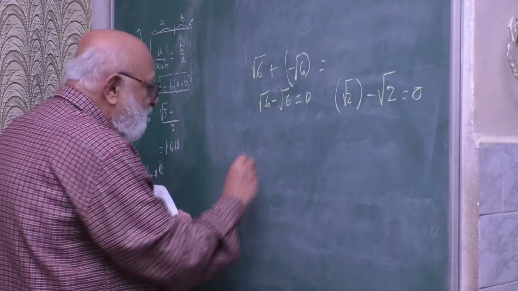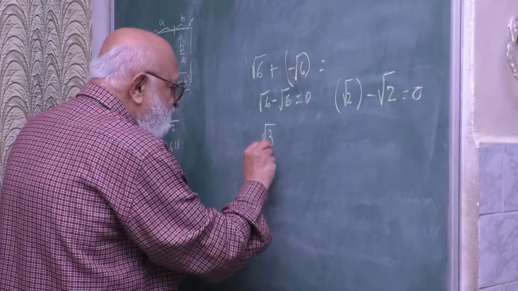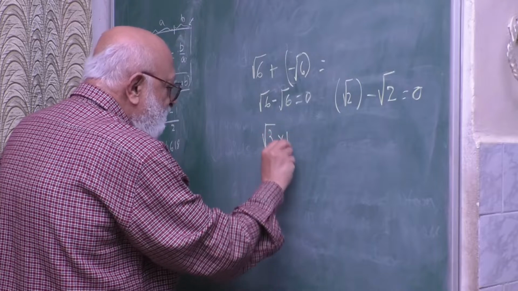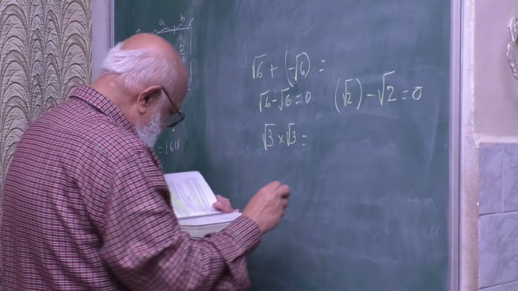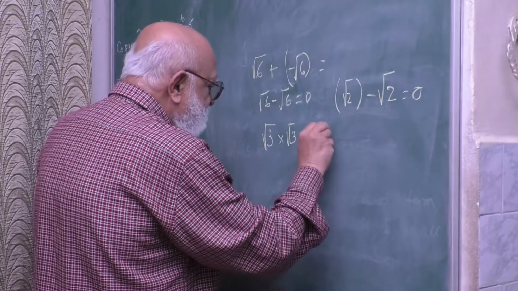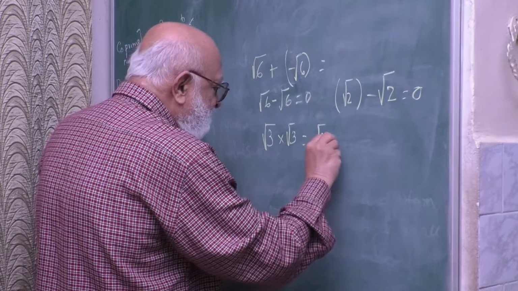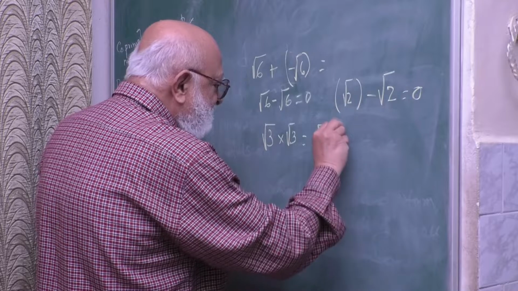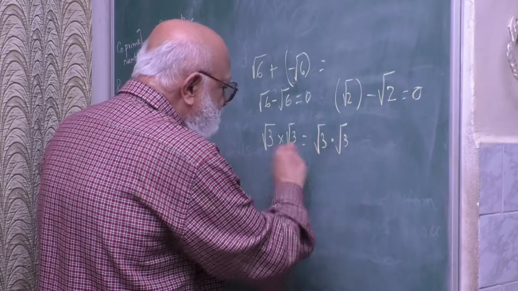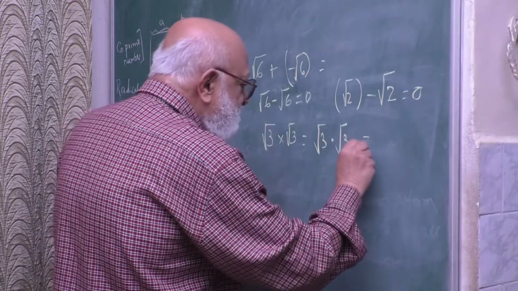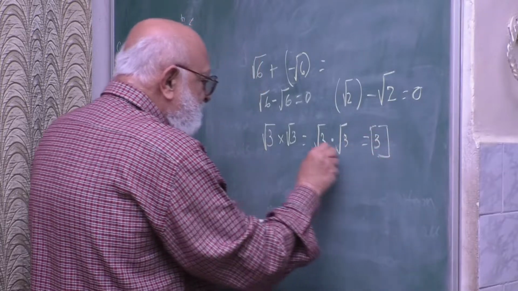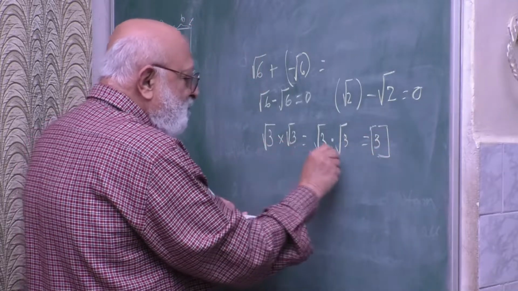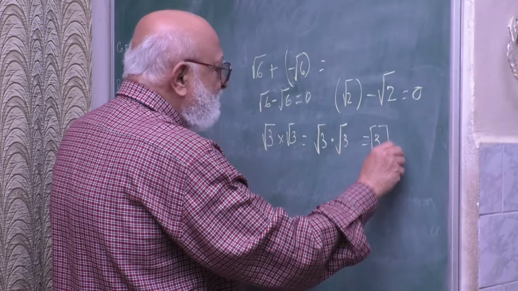Similarly, if I multiply root 3 into root 3, as is given in the book with a dot, that means it is also a multiplication, so this will be 3. So you see the product of two irrational numbers becomes a rational number.